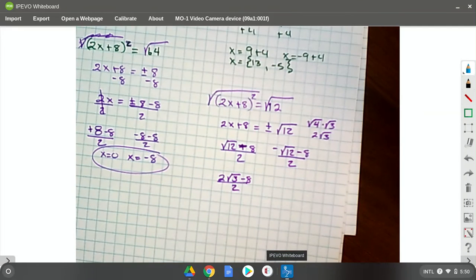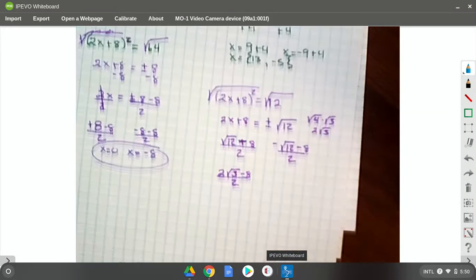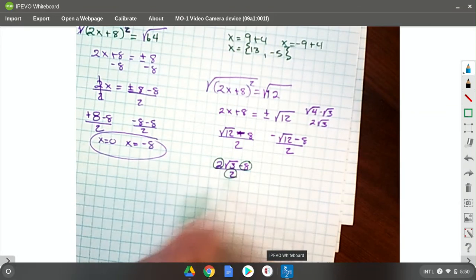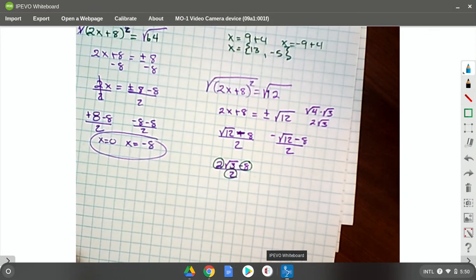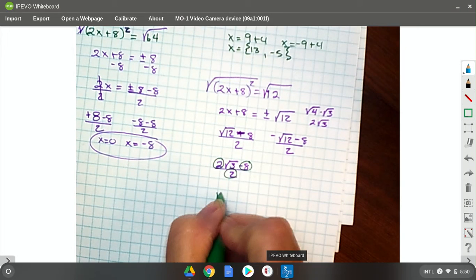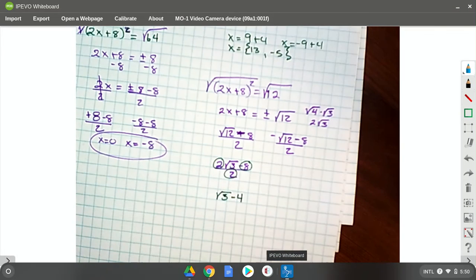Look at all 3. If it would just be 2, you cannot go any farther. But because all 3 of them can be reduced by the 2, then I can do that. And I'm going to say the square root of 3 minus 4.